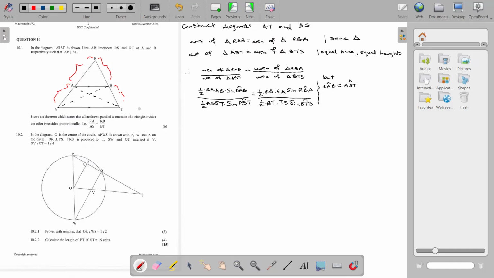What is the reason for that? You are given that this side and this side are parallel. So these two angles are equal. They correspond to each other. The reason is corresponding angles.